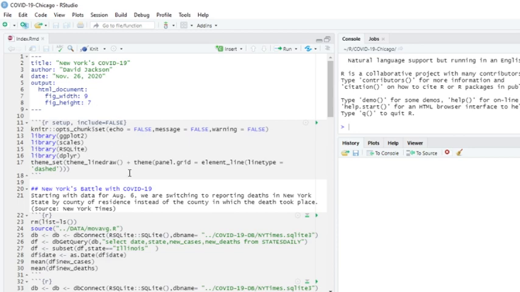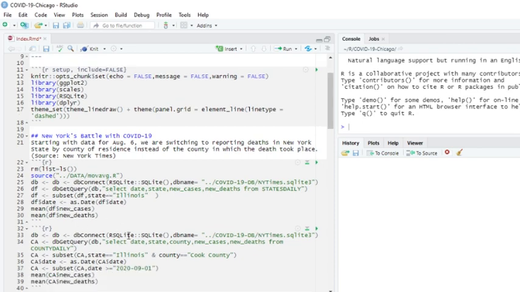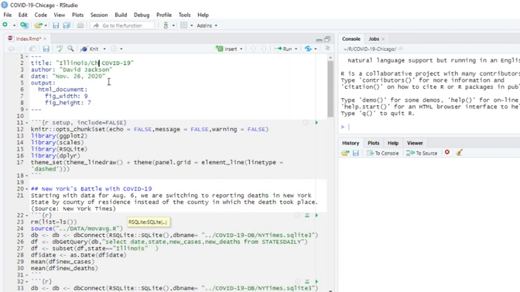I'm using some existing code. Chicago's in Cook County.